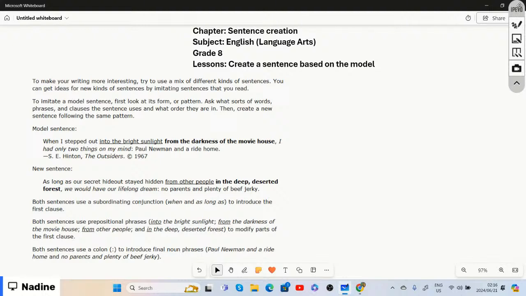Right? And both of these sentences use colons. The one sentence uses the colon after mind, and the other sentence uses a colon after dream. So both of the sentences use colons, and the colons are there to introduce final noun phrases.